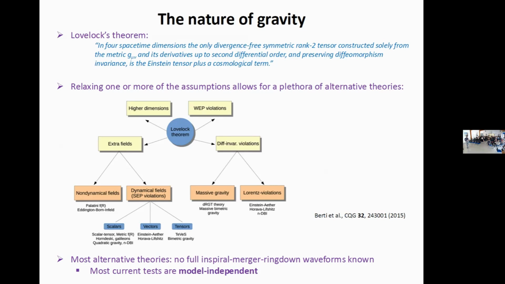But that also means that as you drop one or more of the assumptions that go into the theorem, then you free yourself up, and then a zoo of theories emerges. For instance, string theorists like higher dimensions, fine, then you're not confined to the Einstein field equations anymore. There are people who like extra fields for a variety of reasons; besides the metric tensor, you can have a vector field or a scalar field.